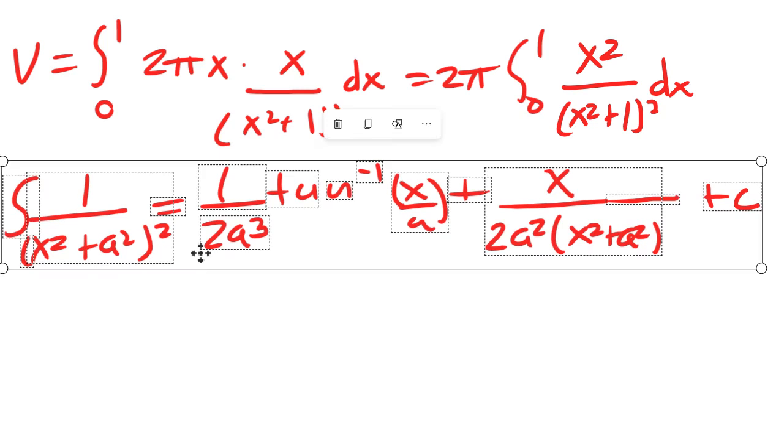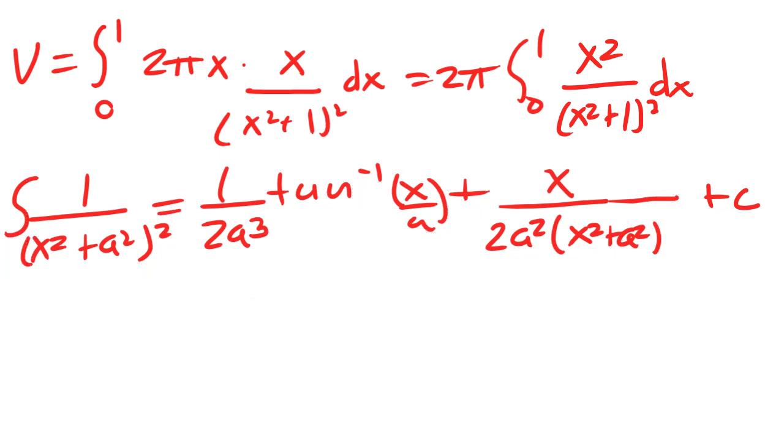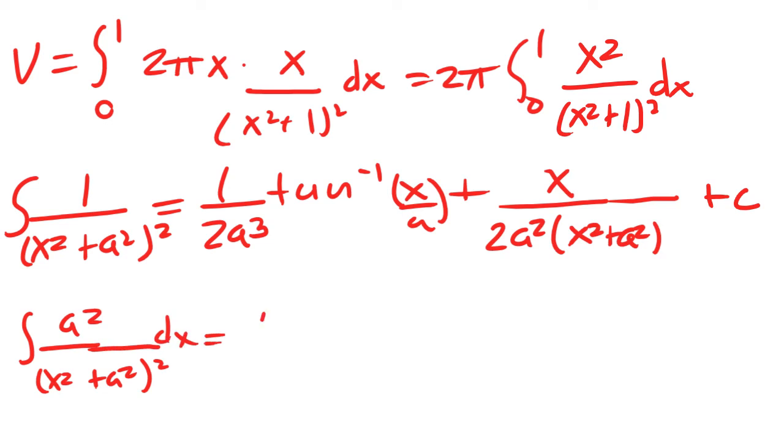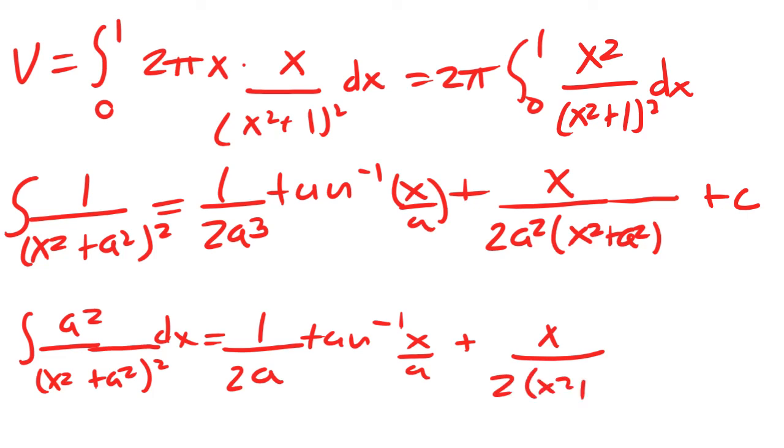Okay, so we have this integral, and if we rewrite it by multiplying by a squared, we can generalize it, where you have the integral of a squared over x squared plus a squared squared dx equals 1 over 2a arctangent inverse of x over a plus x over 2 times x squared plus a squared plus c.